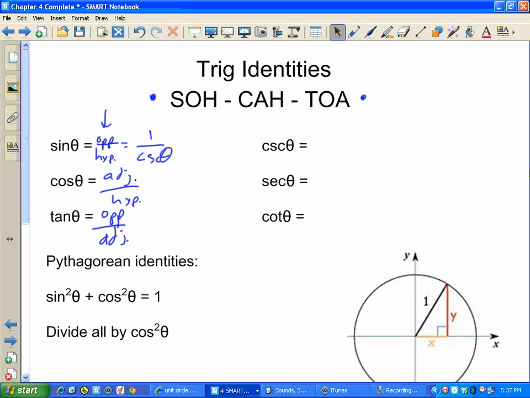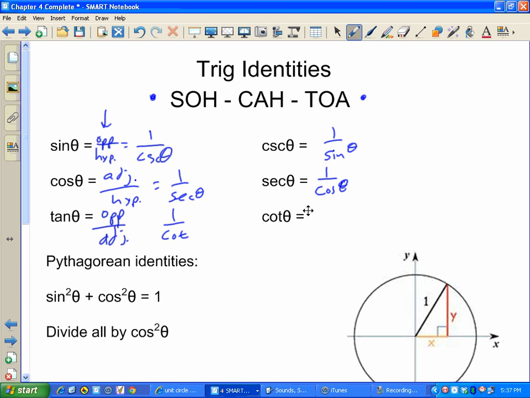But they are reciprocals, so let's put the reciprocals in here. Cosine is the same as 1 over the secant. Tangent is the same as 1 over the cotangent. Cosecant is 1 over sine. Secant is 1 over cosine.